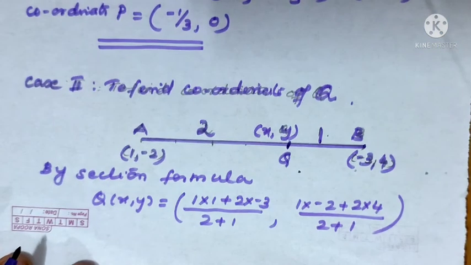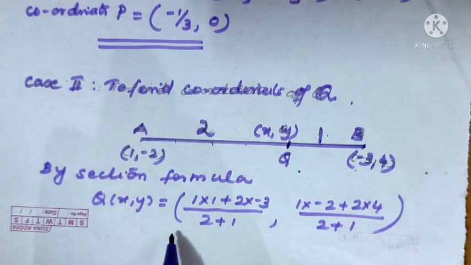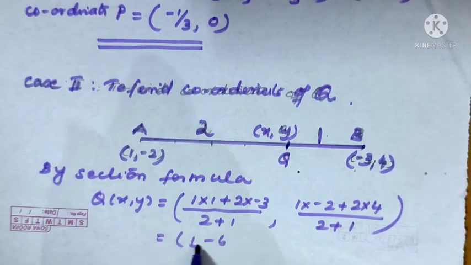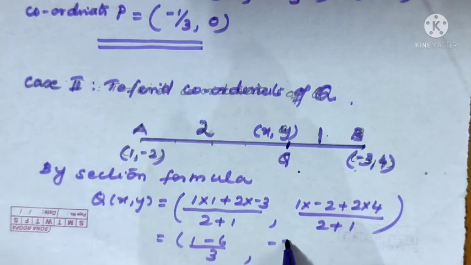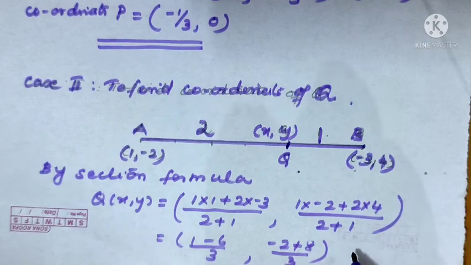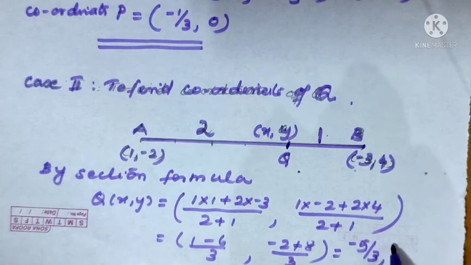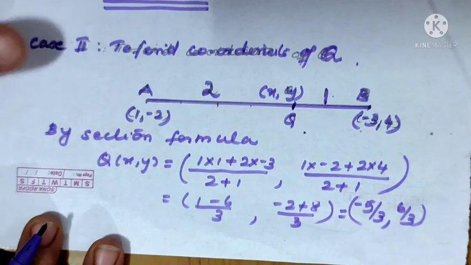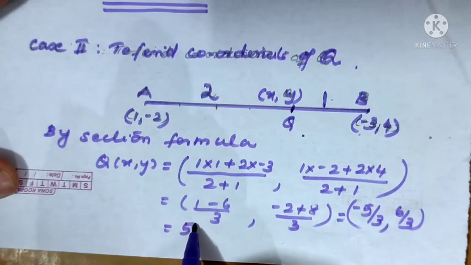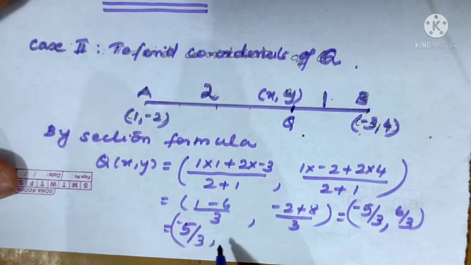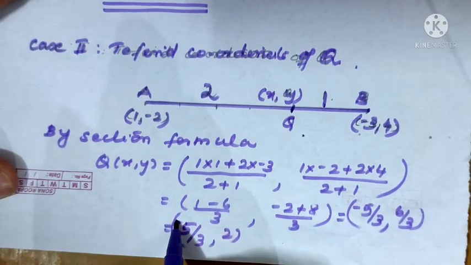So what is the answer? 1 into 1 only, 2 into minus 3 is minus 6. So 1 minus 6 by 3 comma minus 2 plus 8 by 3. So it is equal to minus 5 by 3 comma 6 by 3. 6 by 3 we can simplify further, therefore the coordinate of Q is minus 5 by 3 comma 2.